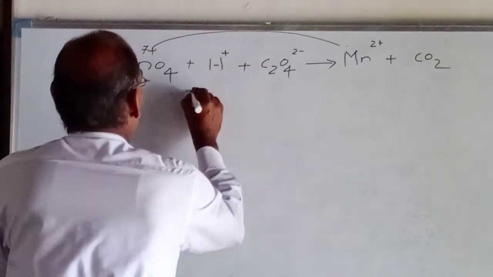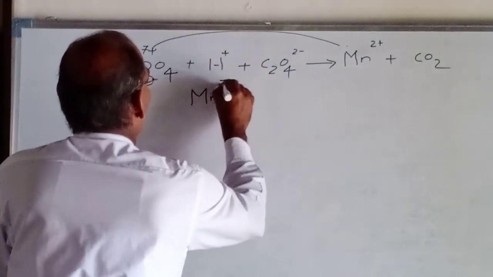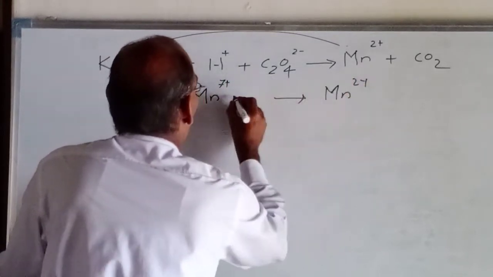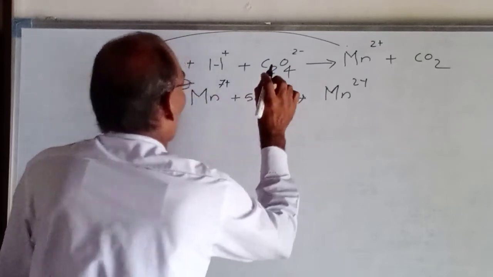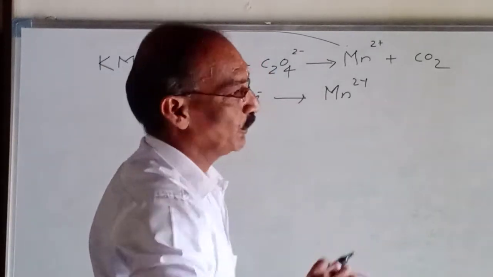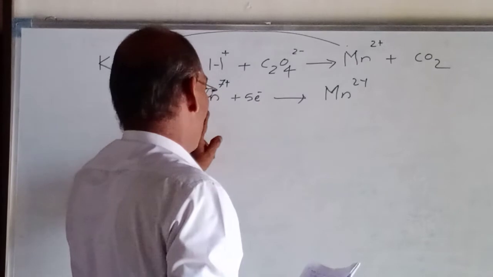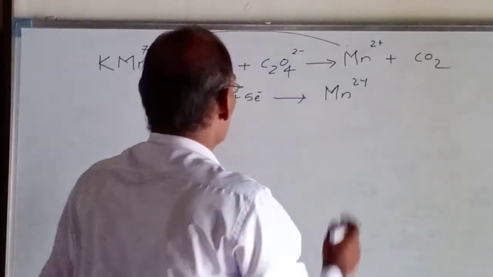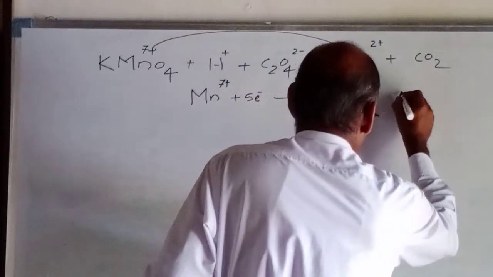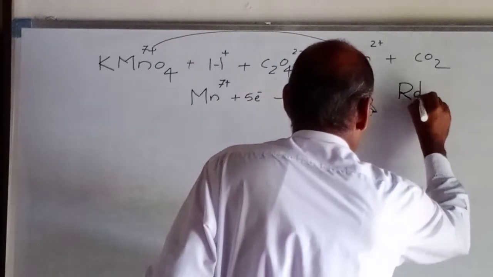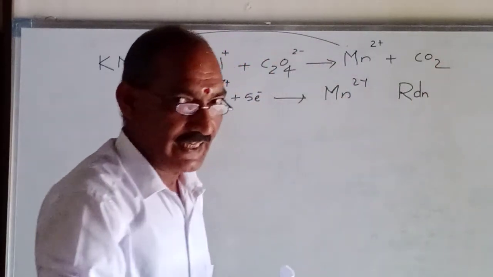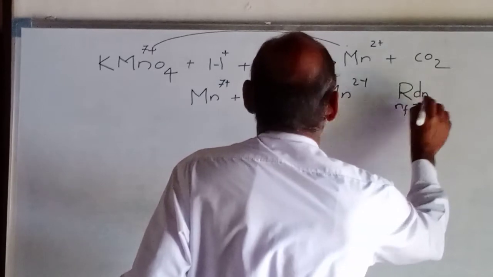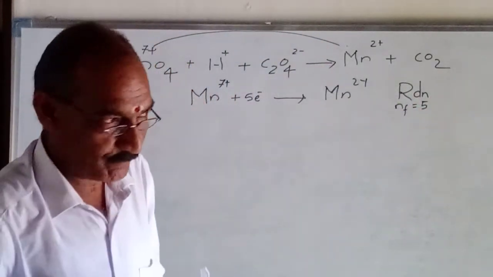Therefore, first let us write Mn7 plus gives Mn2 plus. Here how many electrons? 5 electrons, then only 7 becomes 2. 5 electrons are added to Mn7 plus to become Mn2 plus. Addition of electrons is called reduction. Let us write RDN, meaning reduction. The n factor is 5, that is 5 moles of electrons.